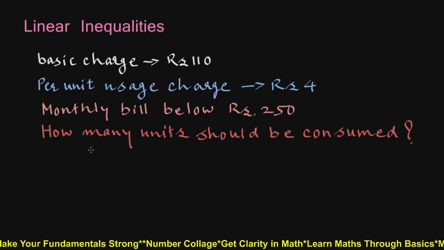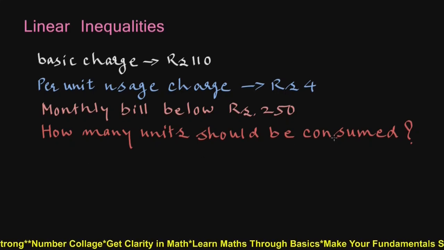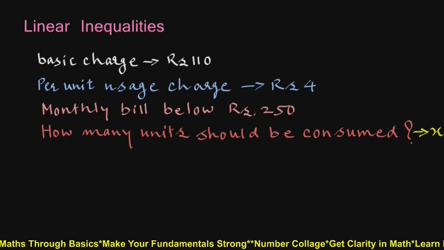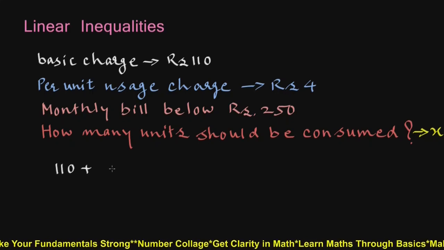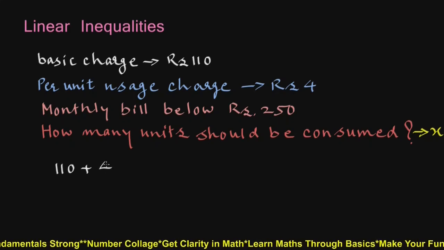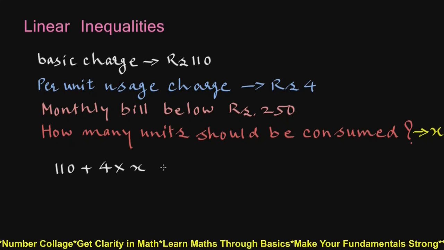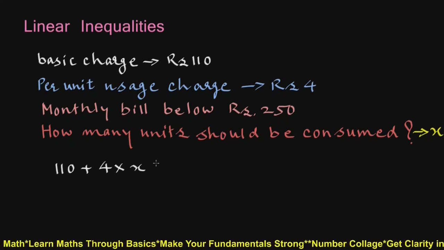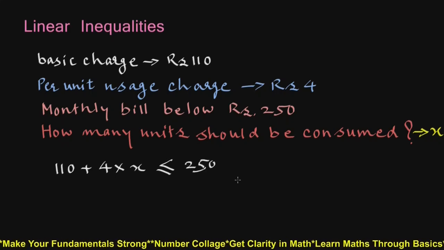We will start our solution from the question that is asked. Let x units be consumed. So the bill will become basic charge of 110 rupees plus per unit charge of rupees 4 multiplied by the units consumed, and this bill is to be controlled under 250 rupees or at 250 rupees.